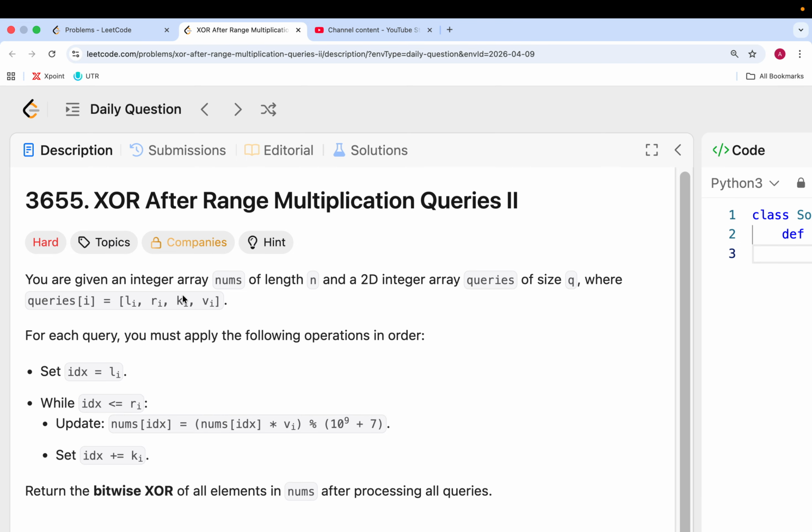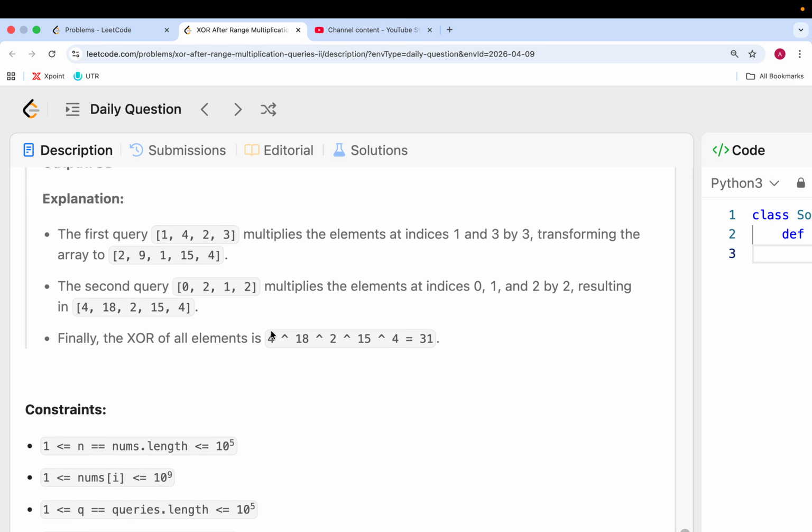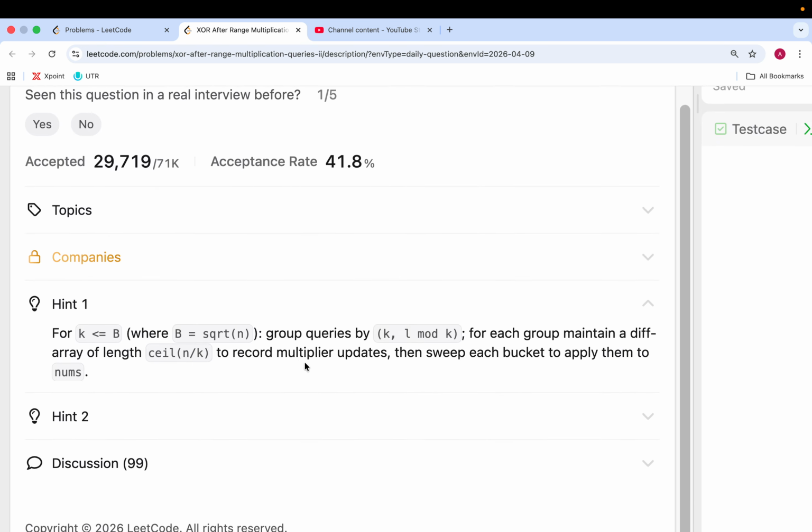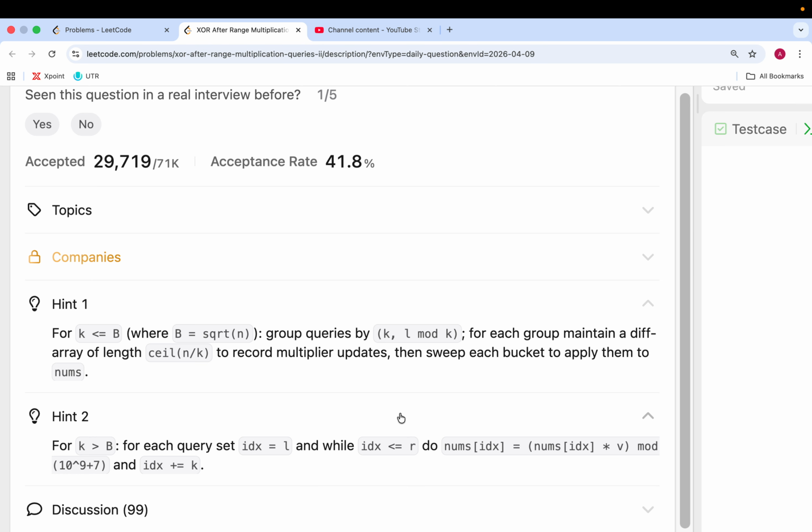You're grouping queries by those values, so it must be. Group queries by L mod k. For each group, maintain a diff array of length n divided by k. I feel like this is kind of insane.